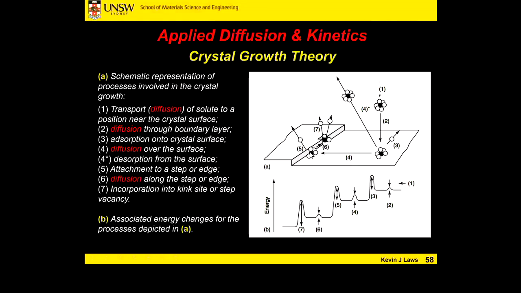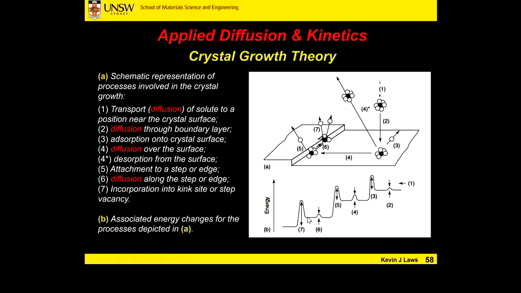And then what we find happens after this is we can get diffusion along that step or edge. Again, this atom or this molecule is searching for an even lower energy site to attach to. And often what we'll find is once it finds that lower energy site, which is going to be a kink or a step or a vacancy, so a kink in this edge or this step, again providing another surface for that atom or molecule to bond to, making it even more stable and lower energy.